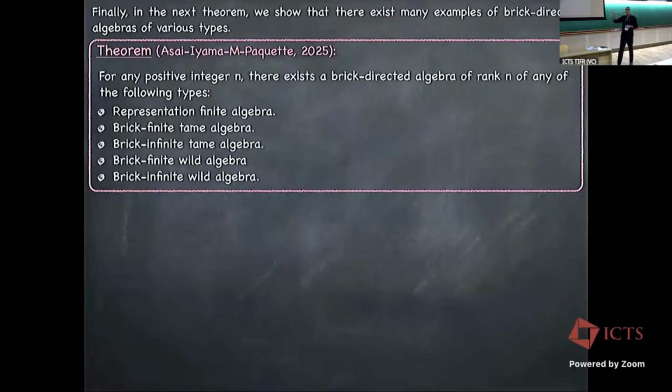So we can construct any sort of algebra of rank n which is brick-directed, as soon as we fix the type. So brick-directed algebras are everywhere, in every rank and of any type that you like.